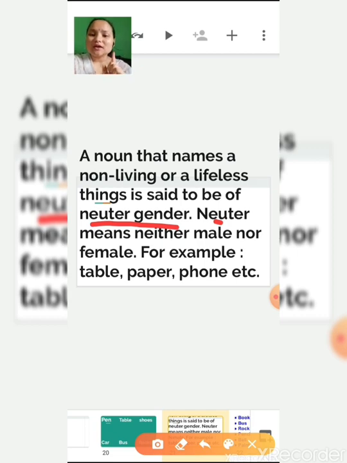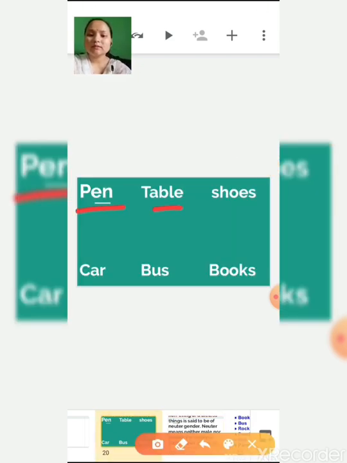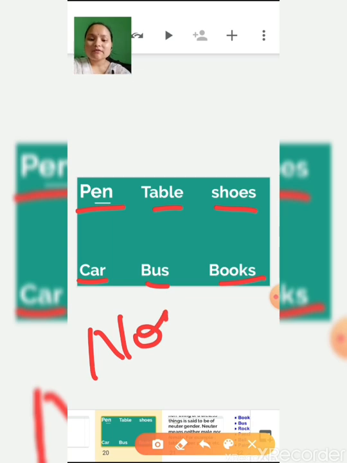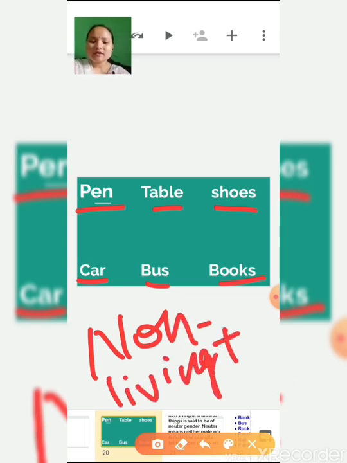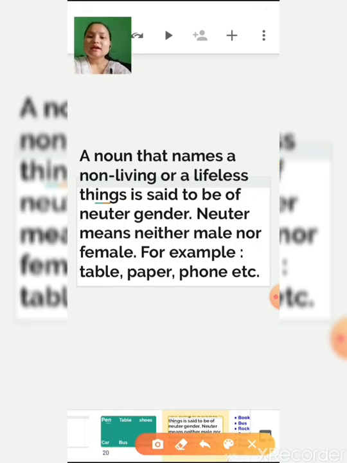A noun that names a non-living or lifeless thing. Remember this. Here you can see all the words: pen, table, shoes, car, bus, books. These are all non-living things, right? So a noun that names a non-living or lifeless thing is said to be of neuter gender.